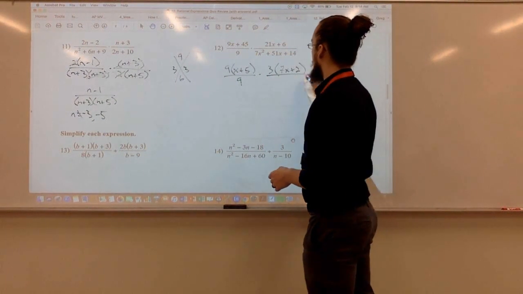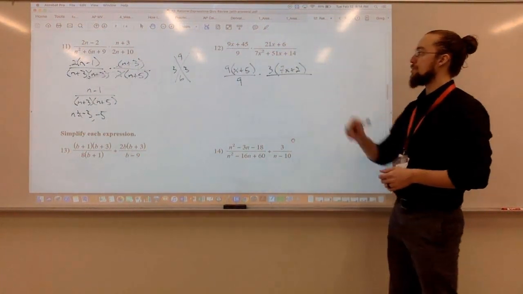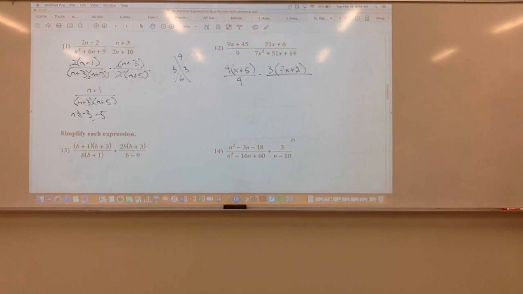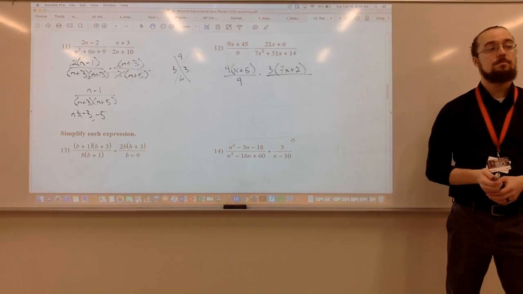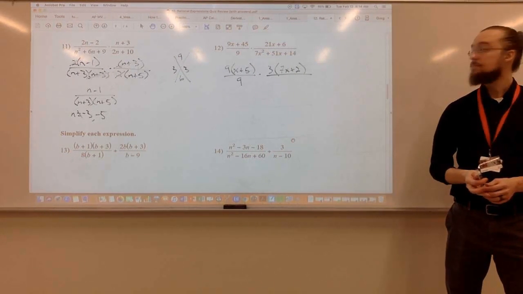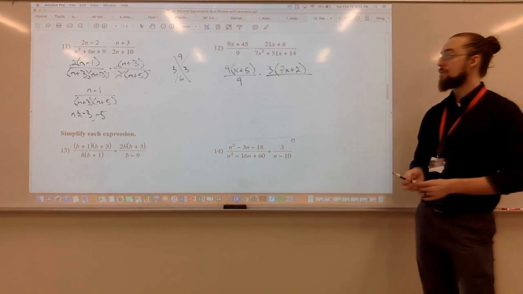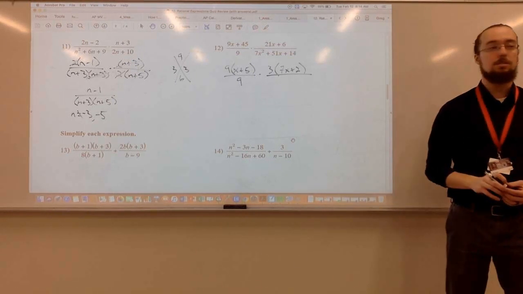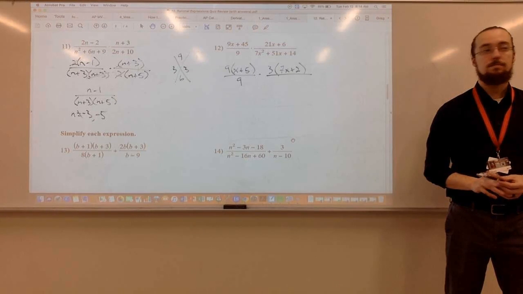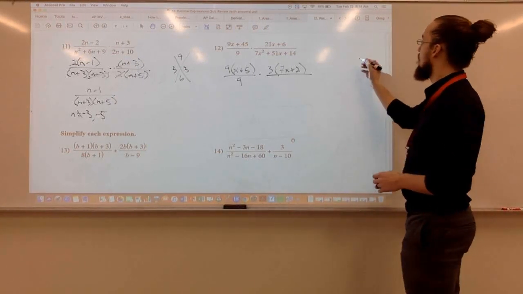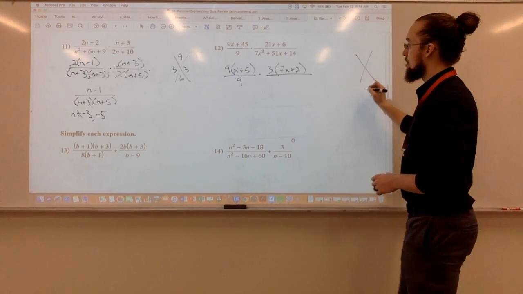So now in my denominator, 7x squared plus 51x plus 14. First, I take out a GCF. Is there a GCF between 7, 51, and 14? No, there's not. Right? So we will just have to X factor.